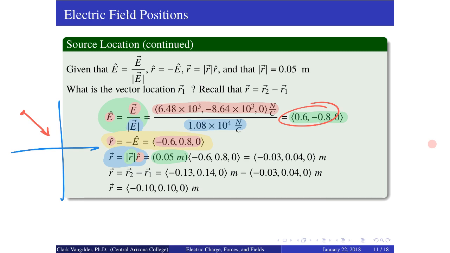That means if I multiply those two things together, voila, you get that right there. However, that's not the source location. Okay, we're looking for R1.